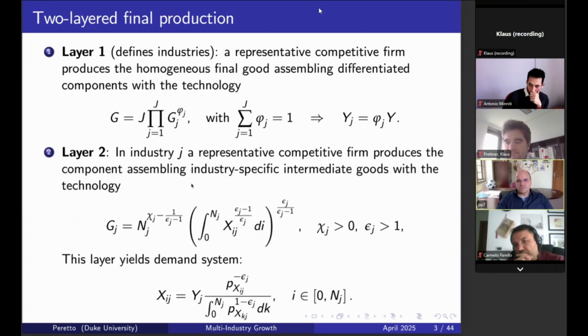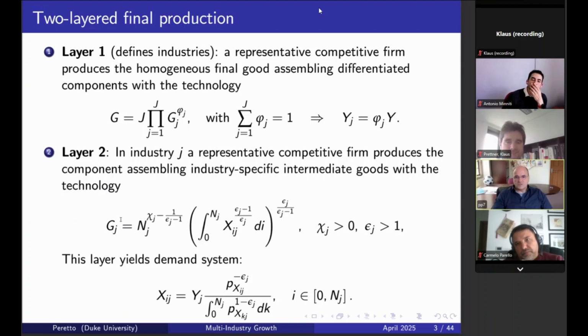And layer two is essentially the same as in the baseline model, but industry J produces its output G_J by assembling intermediate components that are industry specific. Okay, so that's the structure of industry here.